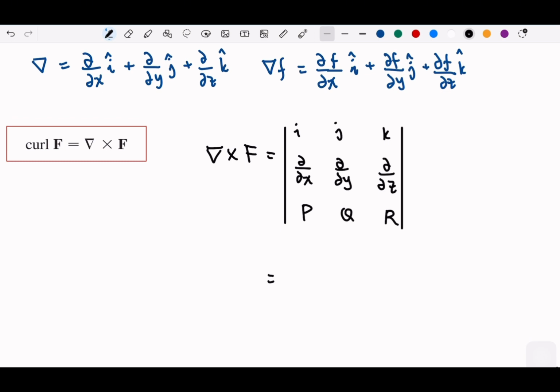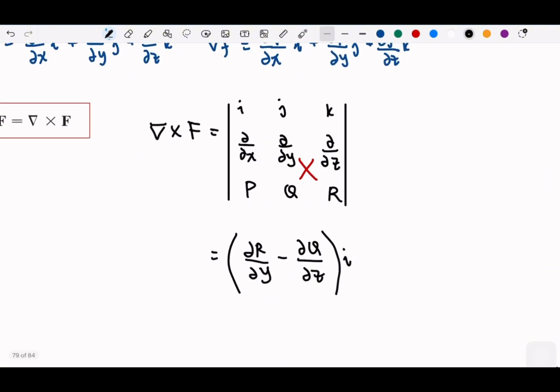This is for i: dou R dou y minus dou Q dou z, multiplied with i.